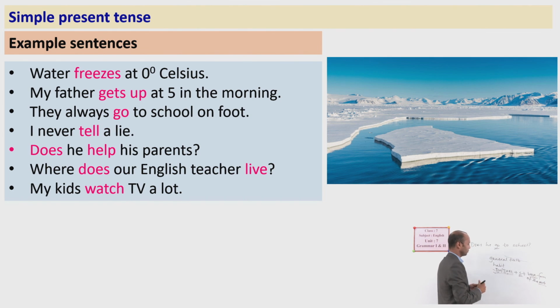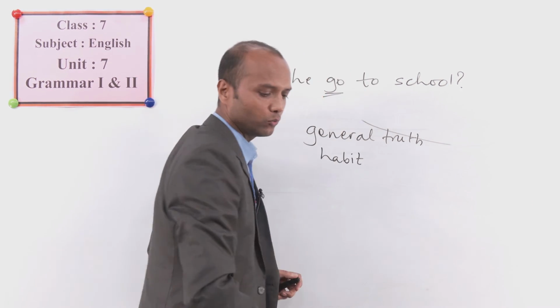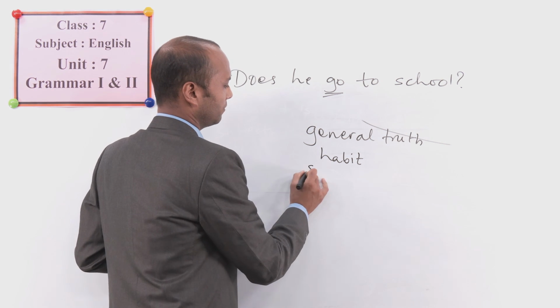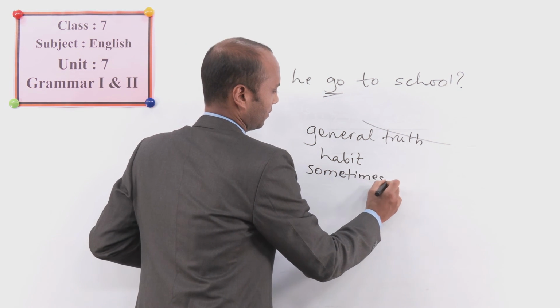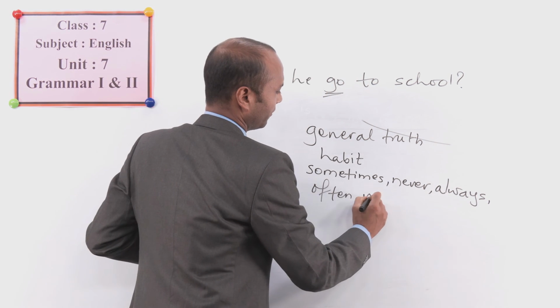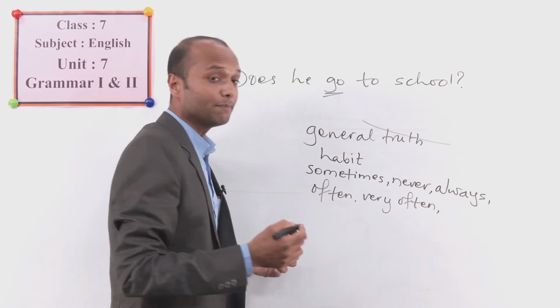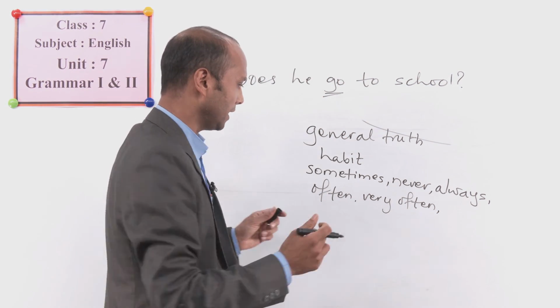One more thing, dear students, except these things, you might be given some words, for example, sometimes, never, always, often, very often, every plus time, every Saturday or something like that.